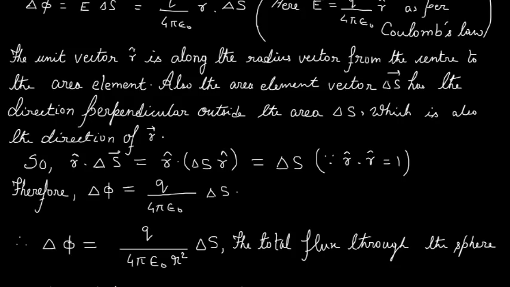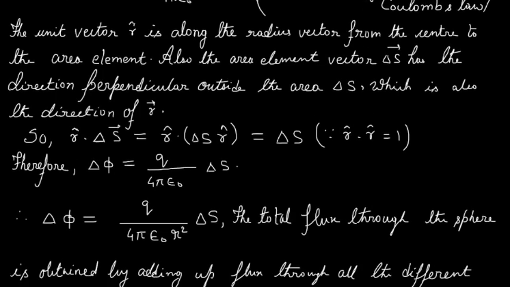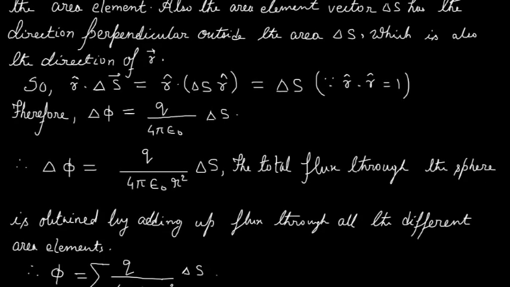The area element vector delta S has the direction perpendicular, outside the area delta S, which is also the direction of r. So unit vector r dot delta S is equal to delta S. Why? Because unit vector r dot unit vector r is equal to 1.